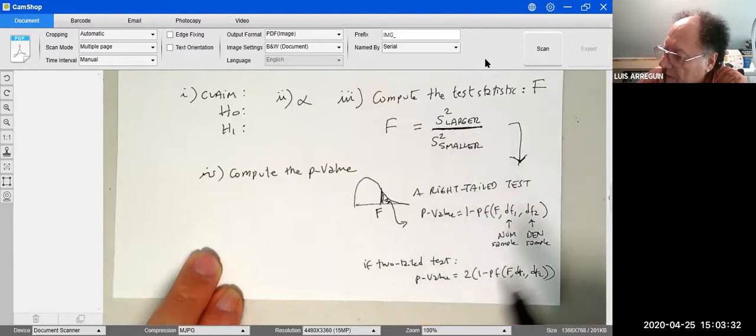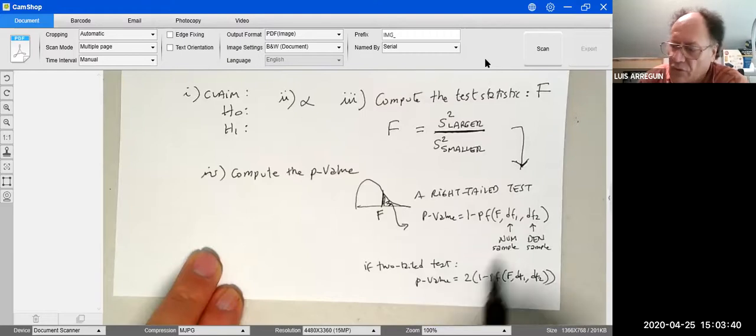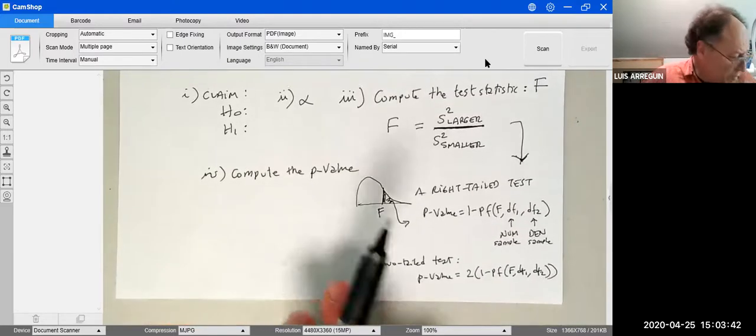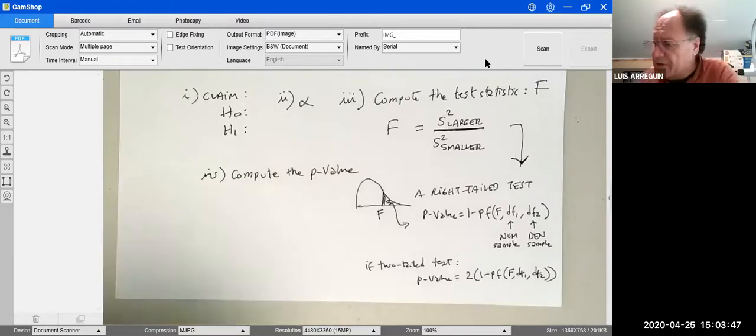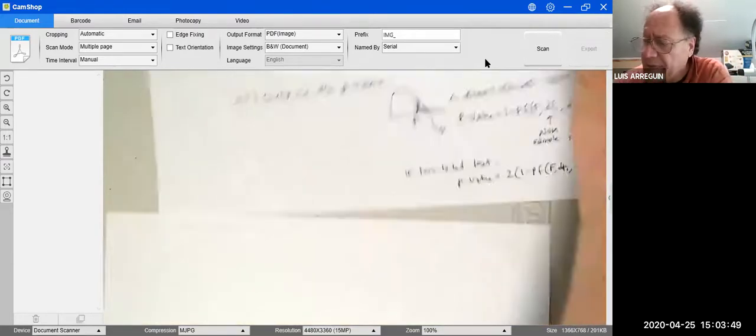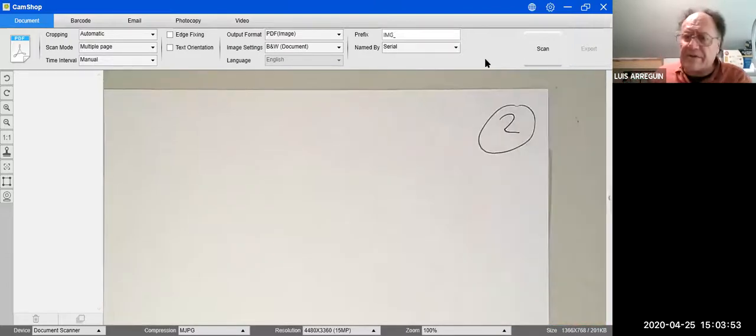Then, if you have a two-tailed test, it is multiplied by 2. So we're going to solve a problem now to apply this. And with that, we're going to finish our chapter 11. So the rest is just 2 more chapters, and we're going to finish our semester.